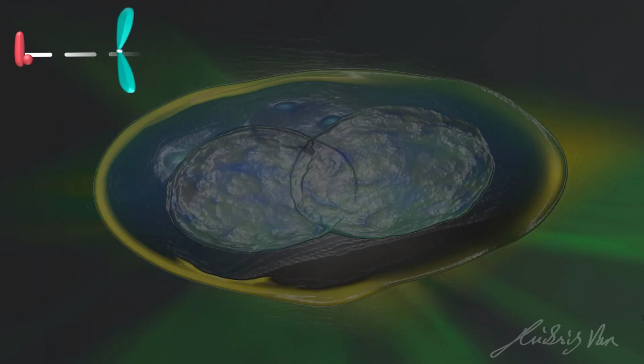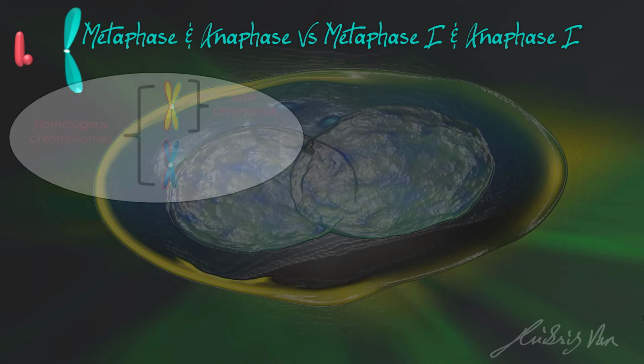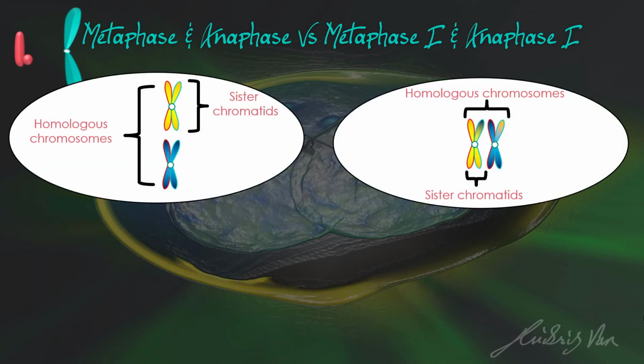So let's compare the metaphase and anaphase of mitosis with metaphase 1 and anaphase 1 of meiosis. First, let us look at the metaphase. For mitosis, during metaphase, the sister chromatids are arranged in the middle. While for metaphase 1 of meiosis, the homologous chromosomes are arranged in the middle. So mitosis is sister chromatids, while meiosis is homologous chromosomes.